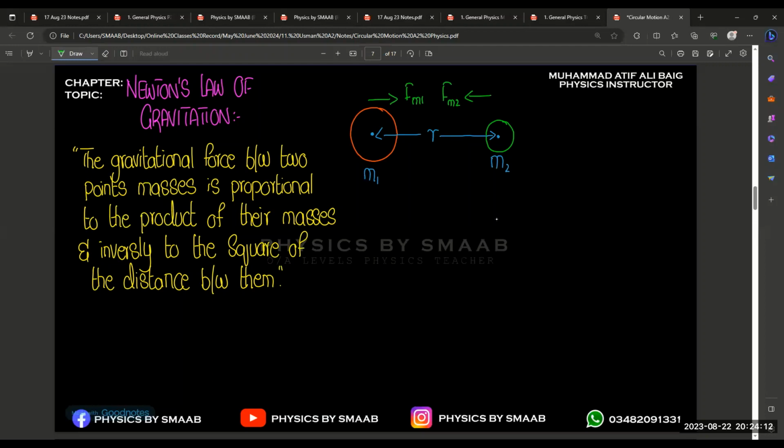If we want to write the equation for this, the equation is very simple. First of all, the gravitational force is directly proportional to the product of their masses. So F is directly proportional to m1 m2, the product of their masses, and the second thing is that it is inversely proportional to the square of the distance, r squared.